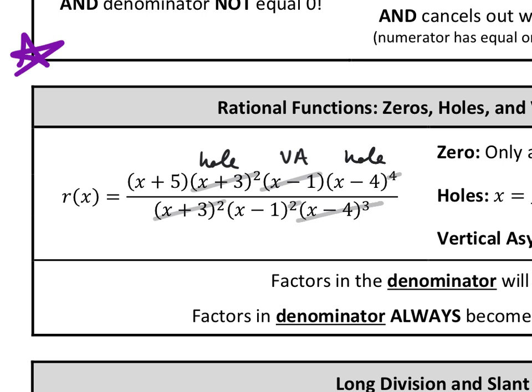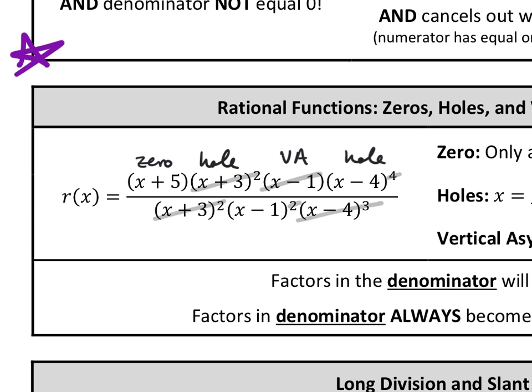So if something cancels, it is either going to create a hole or a vertical asymptote, which means what's the only factor up here that nothing canceled with? That is your only 0. No part of it canceled, not out of the top or bottom. It stayed in the numerator after canceling. That is a 0. If it completely cancels out of the numerator, it's a hole.